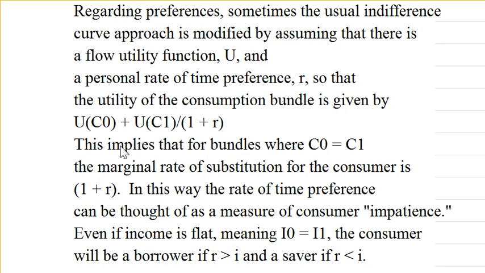In particular, this implies that when the bundles are the same, that is, when C0 equals C1, the marginal rate of substitution for the consumer is 1 plus R, and then you can relate this rate of time preference parameter as a measure of consumer impatience, which means even if income is flat, I0 and I1 are the same, the consumer will be a borrower if R is greater than the market interest rate I, and a saver if R is less than I.